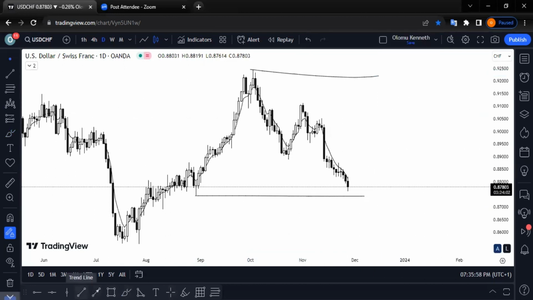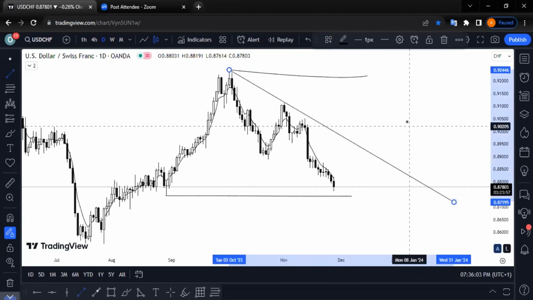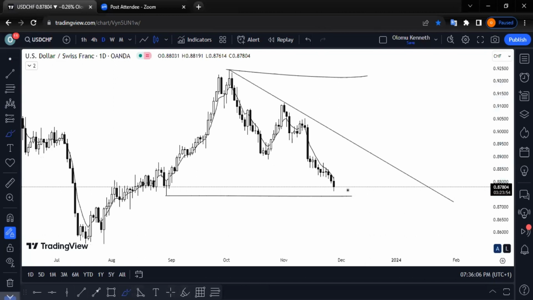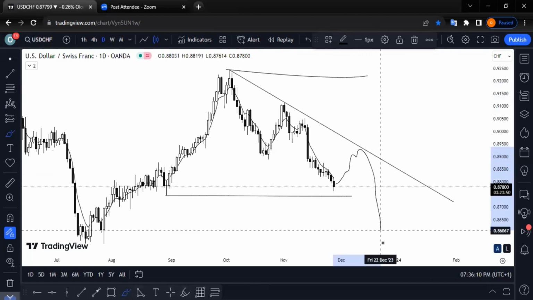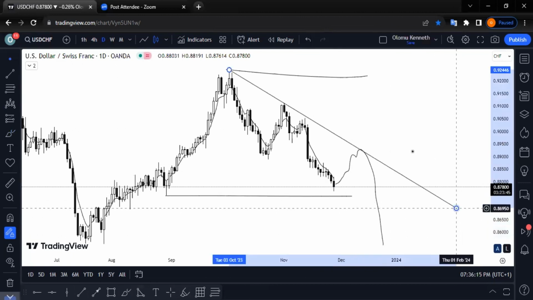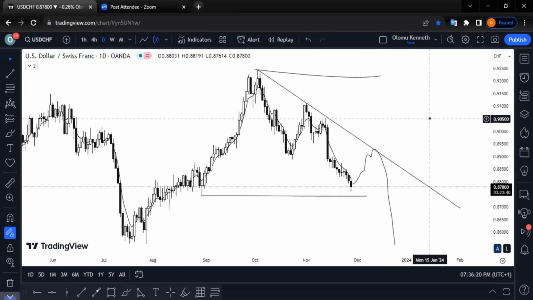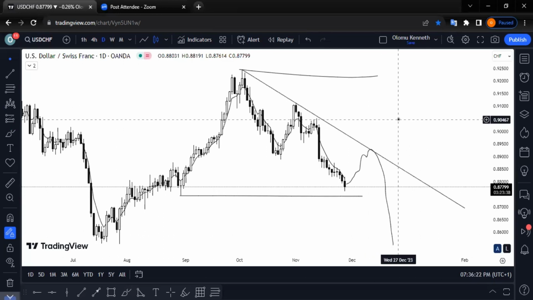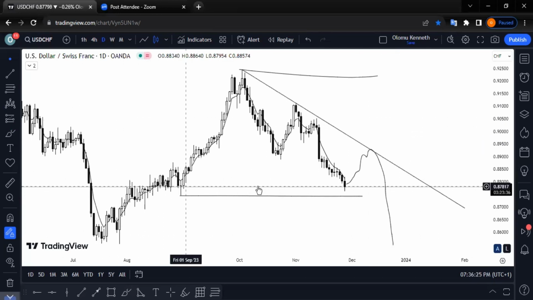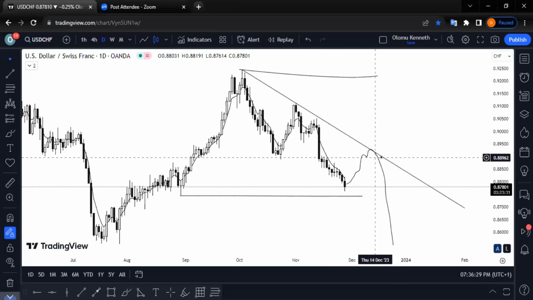So we now have a lot of confluences to work with. So we can have this market move towards this direction, then fall to the downside. We have too many confluences to work with. So we are still in the bullish environment, but looking at what the dollar is doing, it means that we're going to have strength from the dollar towards the upside. Then we keep pushing back to the downside.